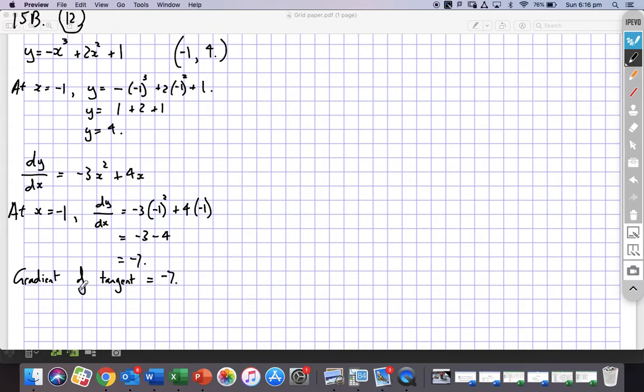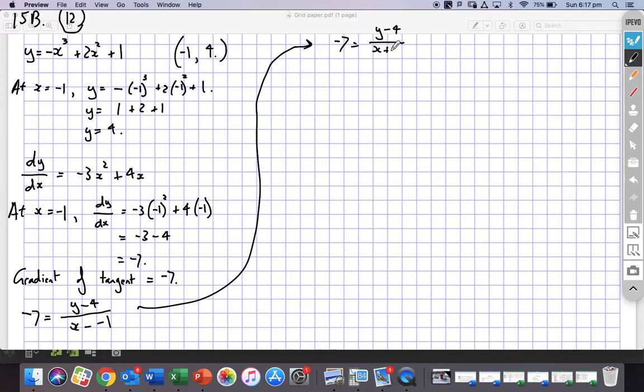Right. Now knowing that, I can come up with my straight line equation. I could say minus 7. All right, because what is a gradient? It's a change in y, minus 4, over a change in x, minus minus 1. So minus 7 equals y minus 4 on x plus 1.